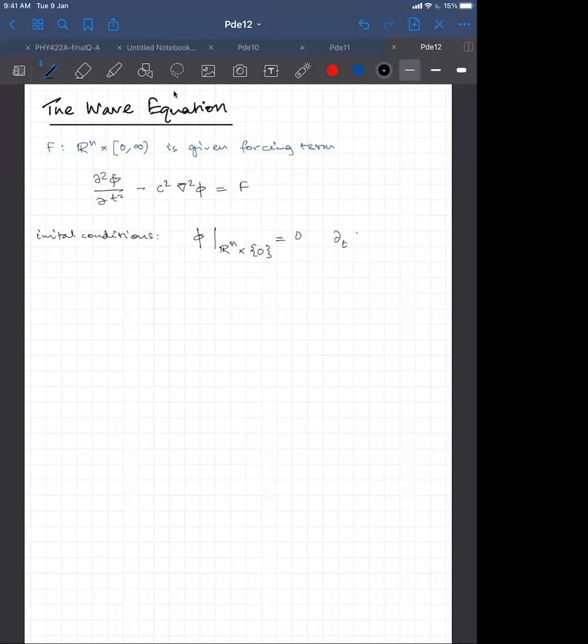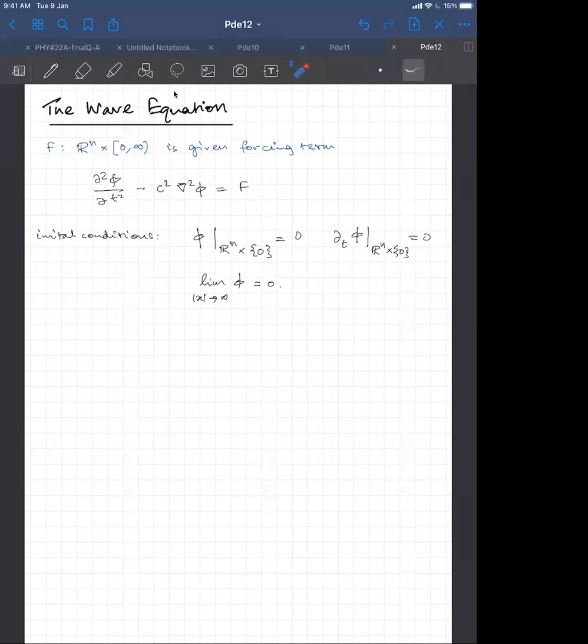We'll also say the first derivative of phi in this initial slice is also equal to 0, and we'll further restrict this to have the limit of phi when x goes to infinity equal to 0. Now c here is the speed of the wave. If it's light, then it's just the speed of light.